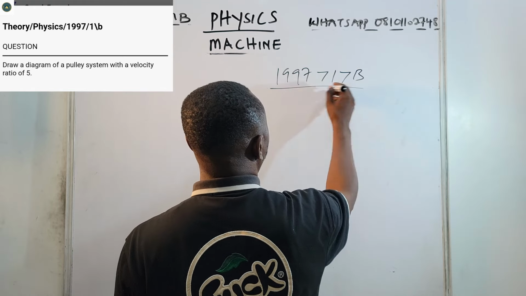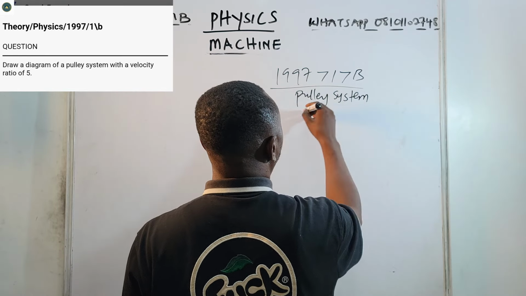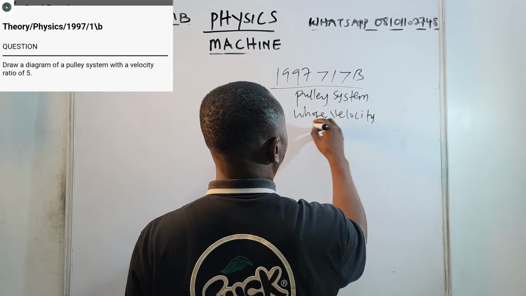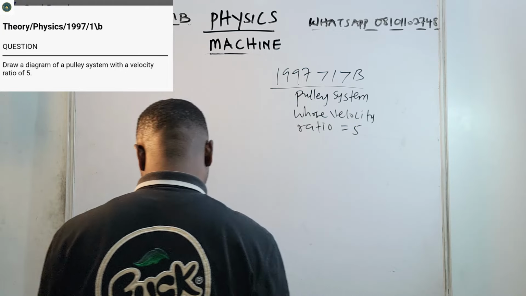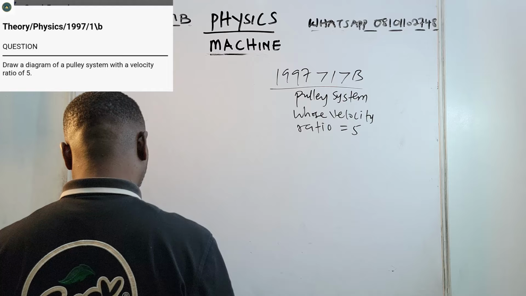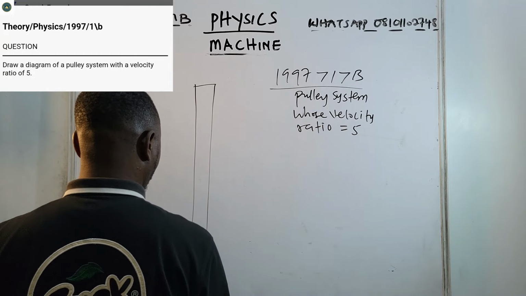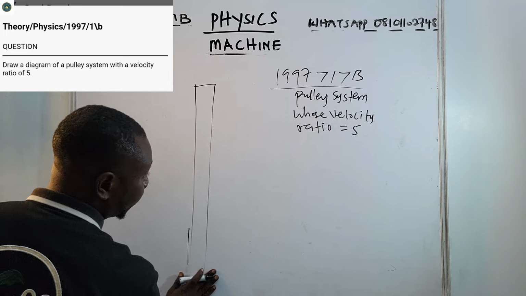So we have a pulley system whose velocity ratio is equal to 5. So let's see. Say we have a rigid body.